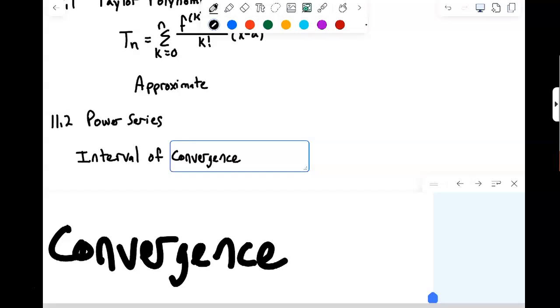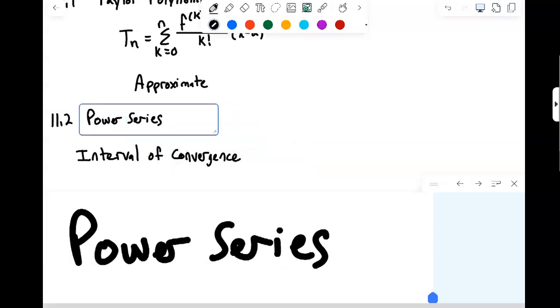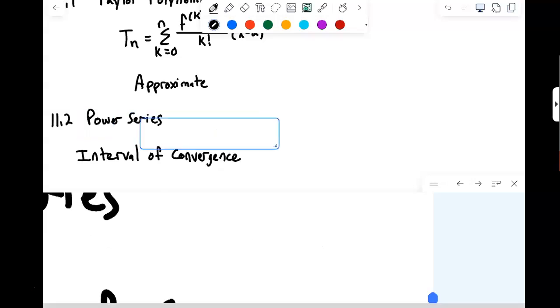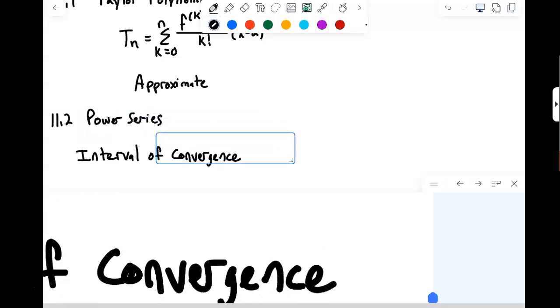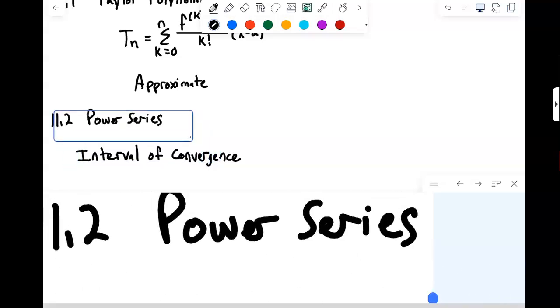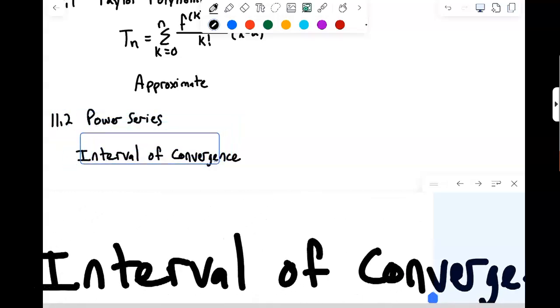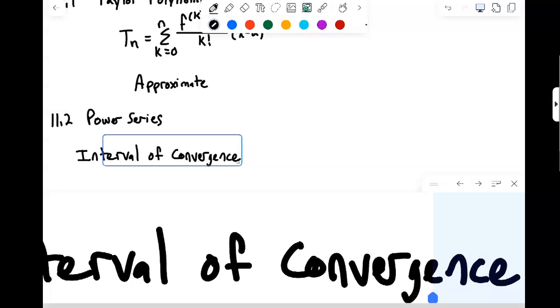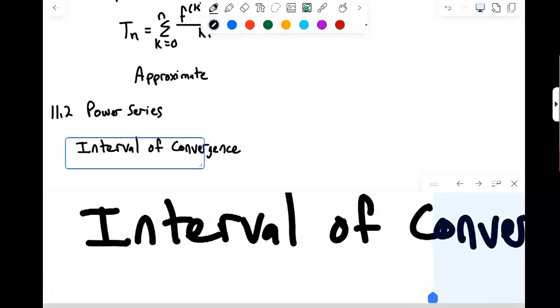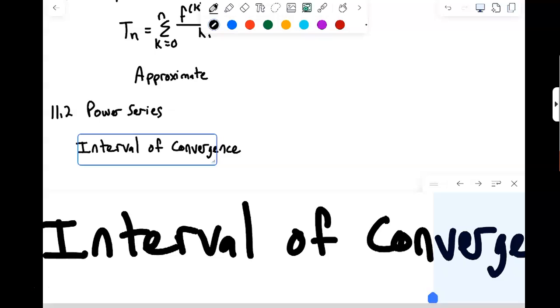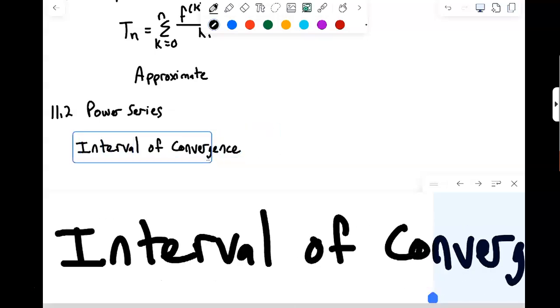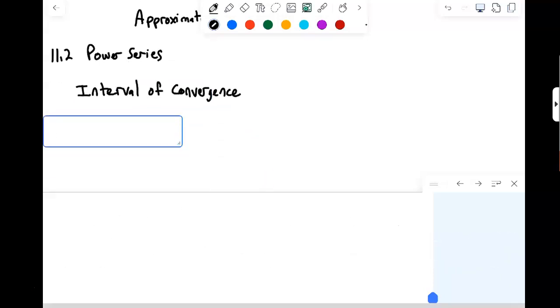So we did some other stuff with building new series by substituting stuff into an already known power series, integrating and doing derivatives of power series to get new series. But the one thing I'm worried about out of 11.2 is finding this interval of convergence. Okay, given a power series, find its interval of convergence. Won't be asking you what it converges to or anything like that. Just finding this interval of convergence.